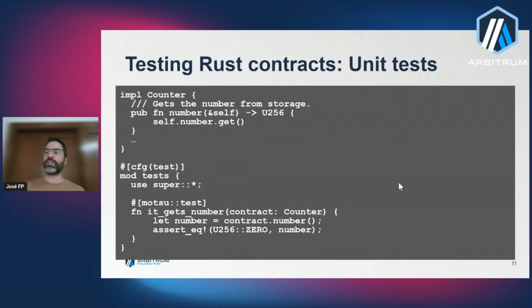But in this case, we are using motsu::test as the annotation for the gets_number function. And then we are passing a contract variable as a parameter for that function. That contract will be an instance of the counter contract. Then we just call the number function, and we just verify that it is 0 because it's just being instantiated.